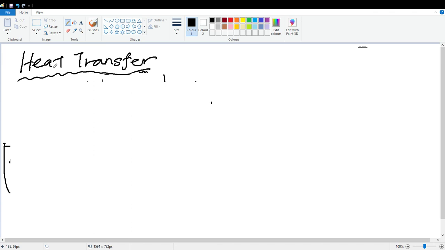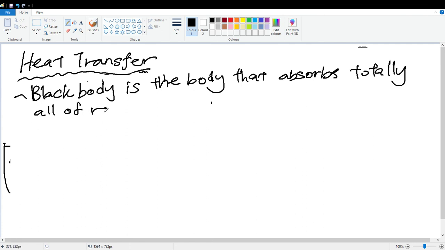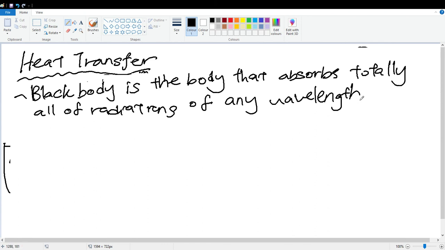A black body is a body that absorbs totally all of the radiation of any wavelength which falls on it.